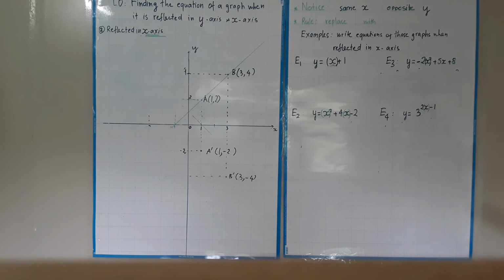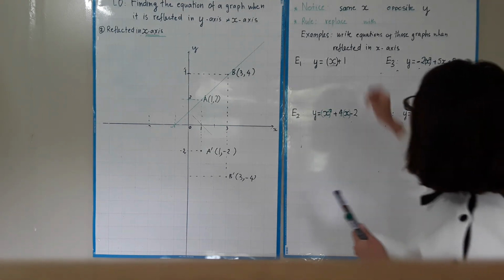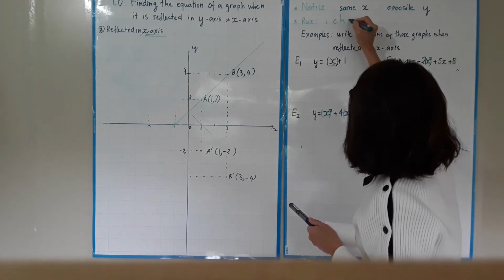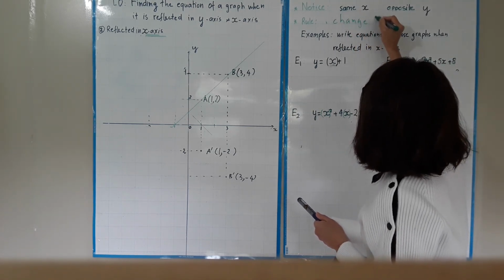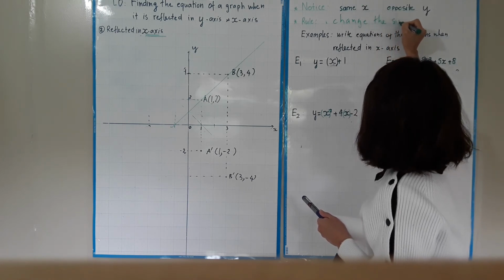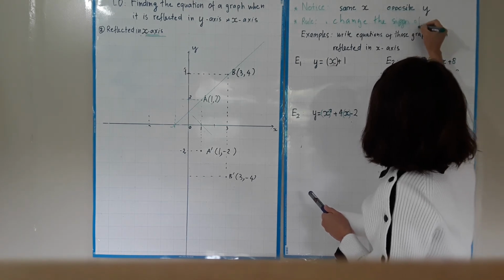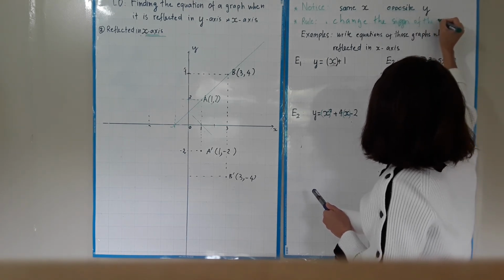So when you write an equation of a graph reflected in x, you have to change the sign of the whole equation. Okay? Then it's not reflect anything, it's change the sign of the equation.